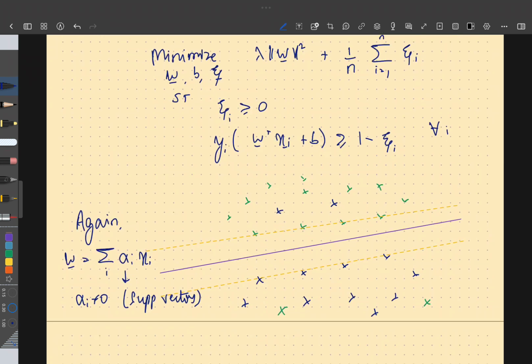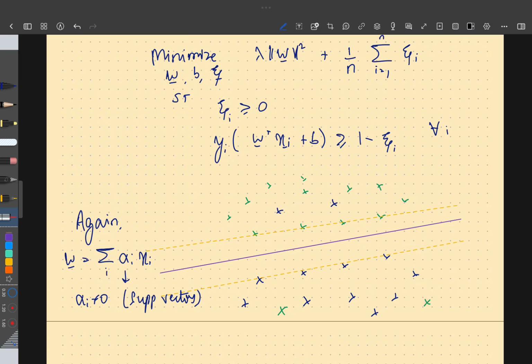So if the points are correctly classified, then this xi is equal to 0. But if it is not, then it tells you how far away it is from being on the correct side. Right? It's a measure of this particular distance.